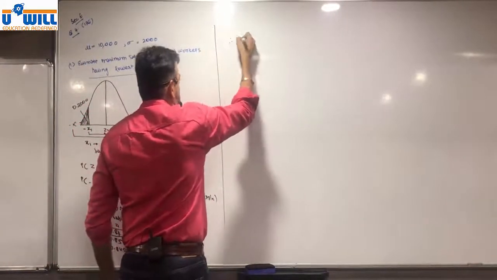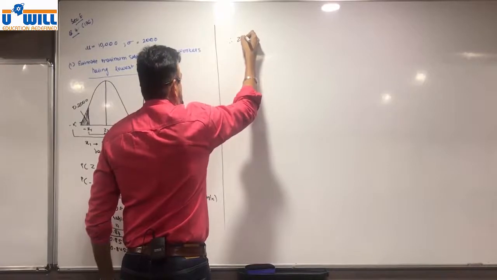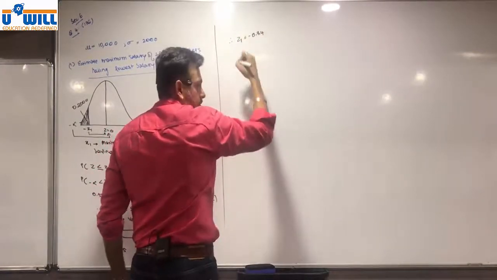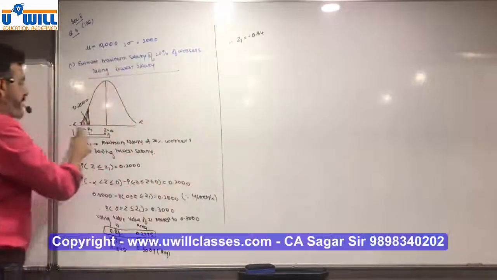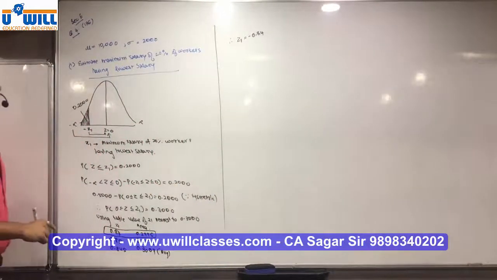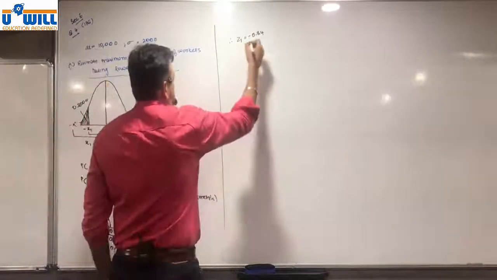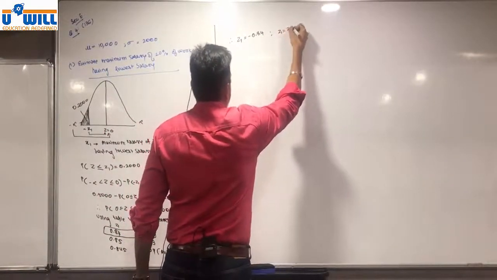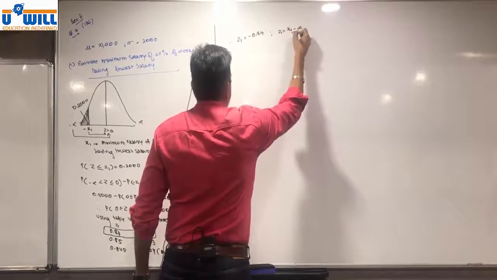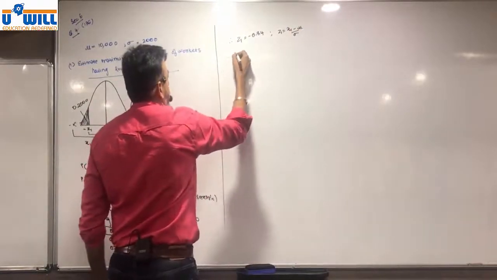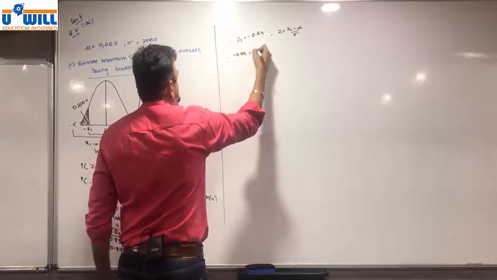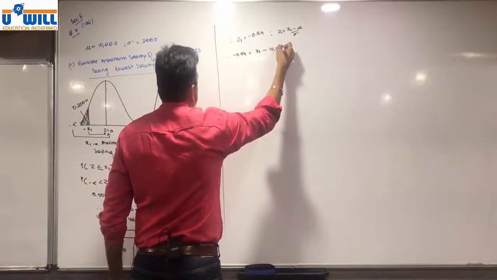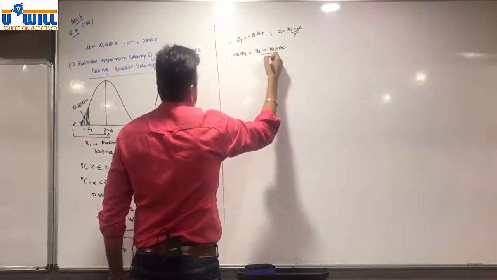Therefore, Z1 is equal to minus 0.84, negative because it's on the left hand side. Z1 is equal to x1 minus mu upon sigma. Therefore, minus 0.84 is equal to x1 minus 10,000 upon 2000.